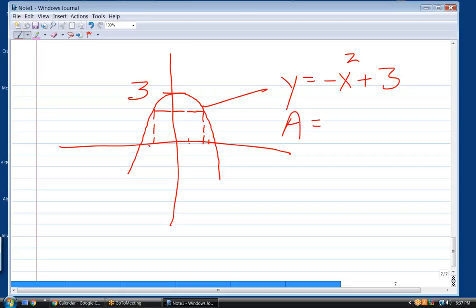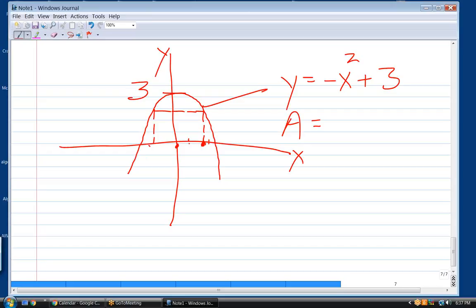Base times height. Okay, what is this measurement from here to here? Is that 2? No, it's x. Oh, I thought you had markings. Never mind. I thought those little lines were markings. No, it's a big concept, though, that you understand why that's x.